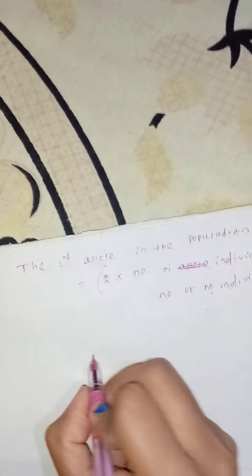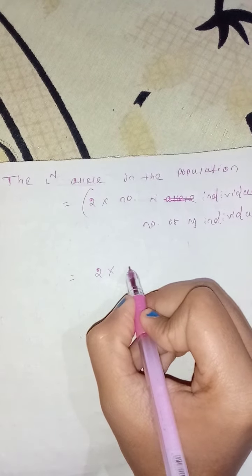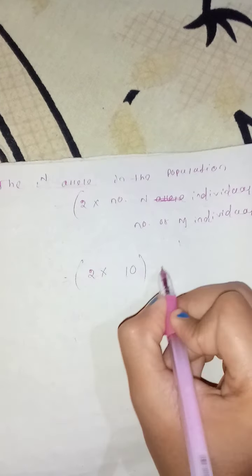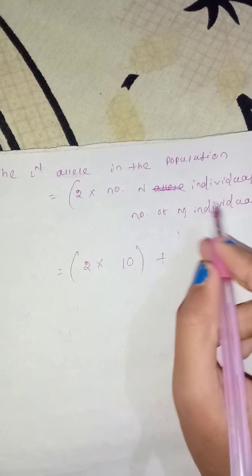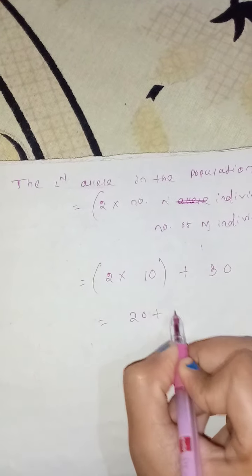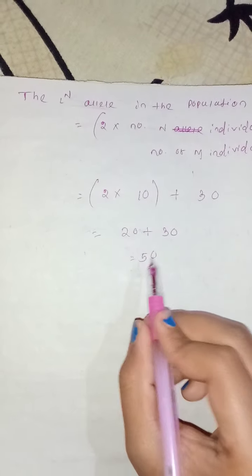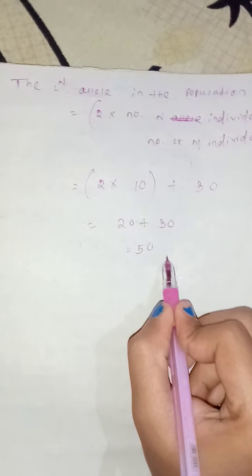So it is equal to 2 into number of N individual, which is 10, plus number of M individual from the LN allele, which is 30. So 20 plus 30 is equal to 50. So the LN allele in the population, the number is 50.